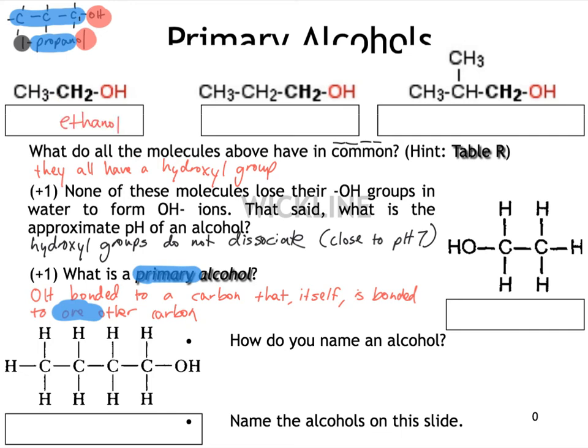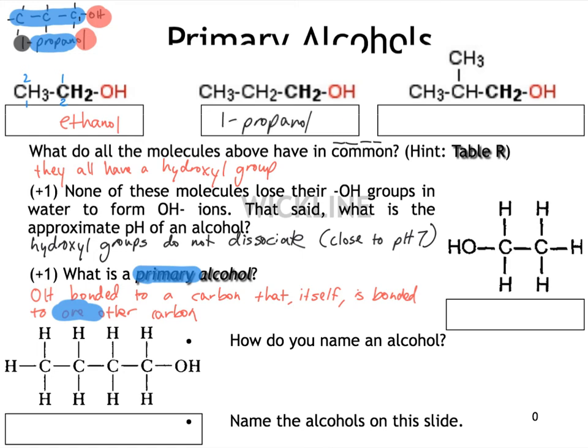And we don't need to put a number with this one, and the reason for that is because it's on carbon number 1, or carbon number 2 if you're coming from the right, but if you come from the left, that's carbon 1 and that's carbon 2. Or in other words, it's always going to be on carbon 1 if you count from both sides, so we'll leave the number off.